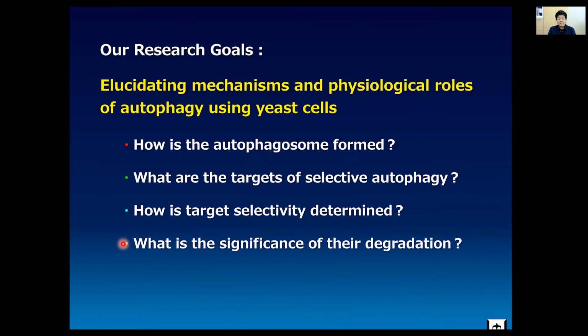My work is on fundamental issues about autophagy using baker's yeast Saccharomyces cerevisiae, including the molecular mechanism of autophagosome formation, what is degraded by autophagy, how the selectivity is determined, and what the physiological significance of their degradation is.